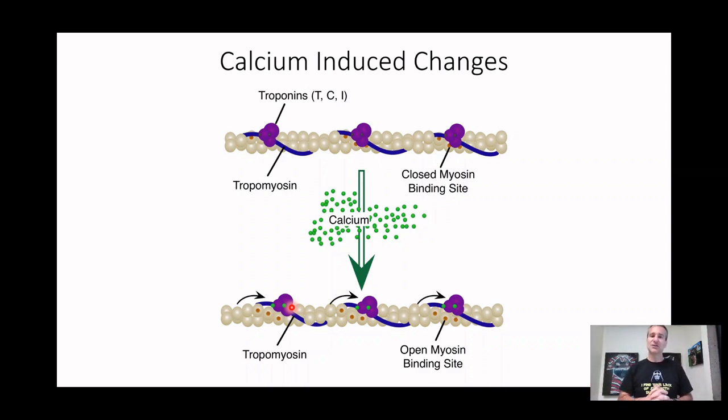And when it changes its shape, it causes the tropomyosin and the other troponins to move. And now we've opened up all of these little red dots, which are the myosin binding sites on the actin molecule.